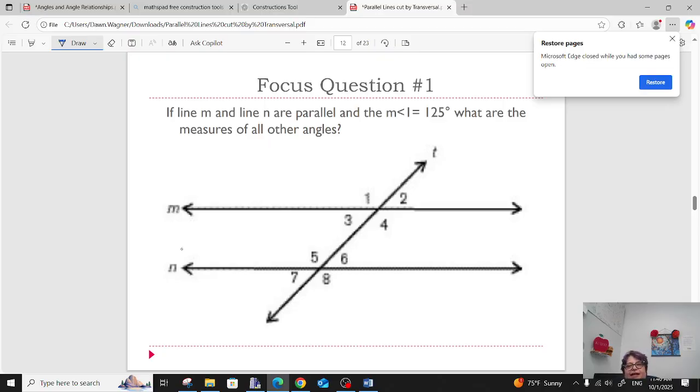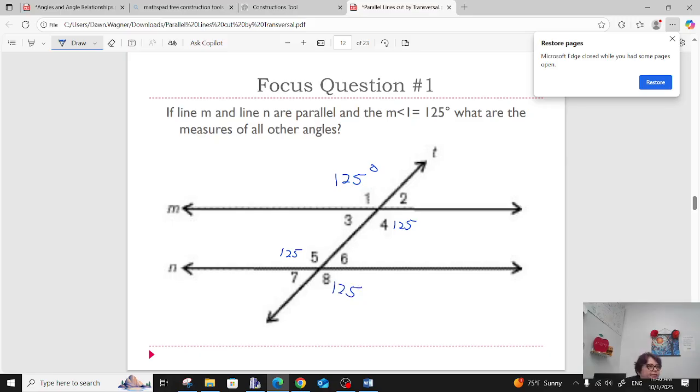So let's say angle 1 is 125 degrees. That would mean angle 4 is also 125 degrees because those are vertical angles. The corresponding angles to these would also be 125. So this would be 125. This would also be 125.